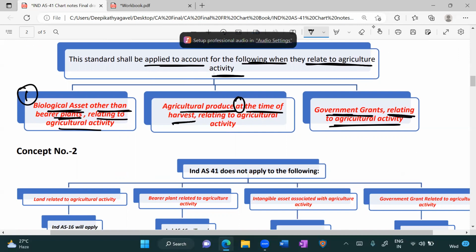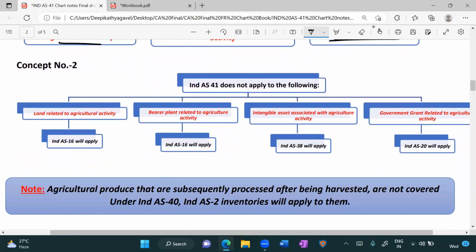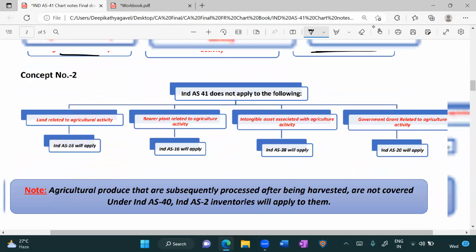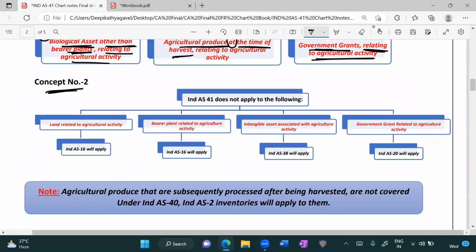First, biological assets other than bearer plants relating to agricultural activity. Second, agricultural produce at the time of harvest, and third, government grants relating to agricultural activity. I hope the applicability of the standard is very much clear. Now, with that note, let's move on to concept number 2, which is the non-applicability.